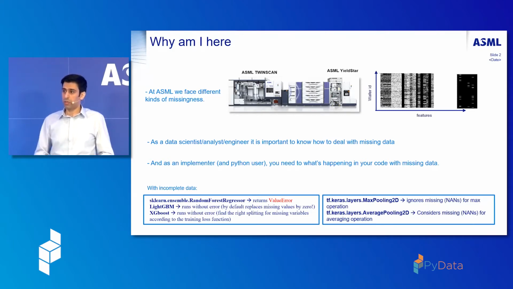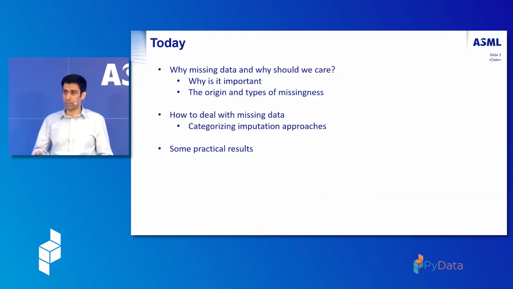Or take two other popular operations, especially in image processing, max pooling and average pooling from a subclass of layers in Keras. One of them simply ignores missing values, and the other one considers them. The key point here is that we need to be vigilant about even the code that we write regarding the way it works with missing data.